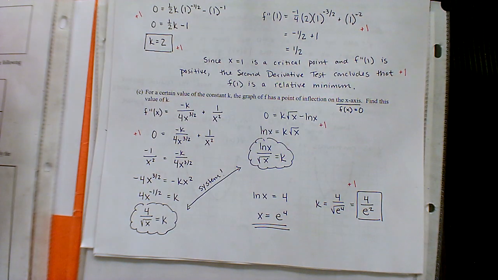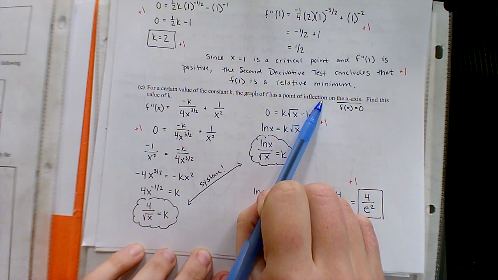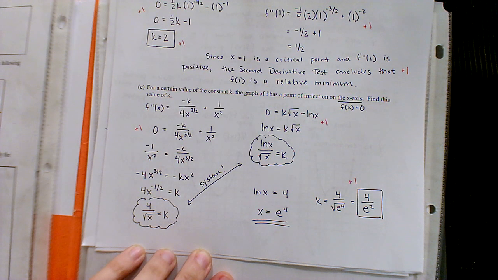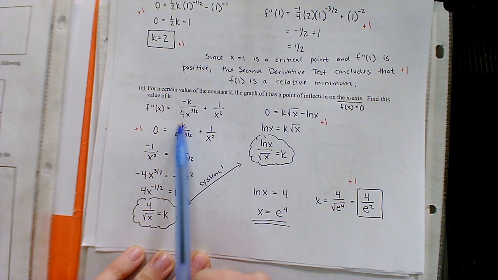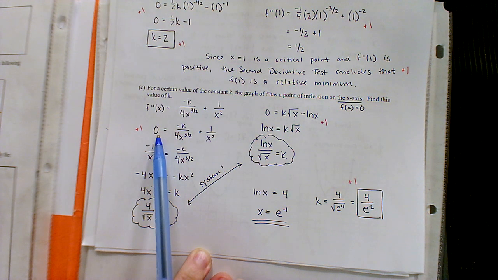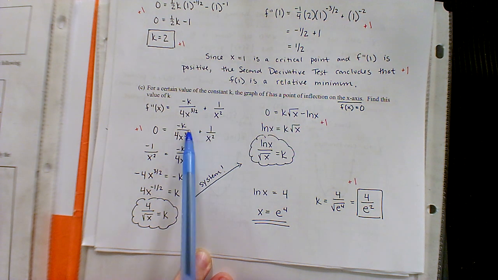All right. For a certain value of the constant k, the graph has a point of inflection on the x-axis. Find this value of k. All right, so point of inflection means that the second derivative is 0 based off of our relationships that we've discussed. So from part A, since you had to find the second derivative, I took that and set it equal to 0. Now the problem with this is one equation with 2 variables in it.